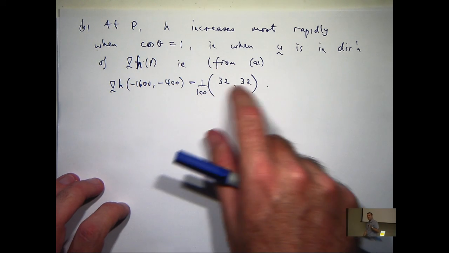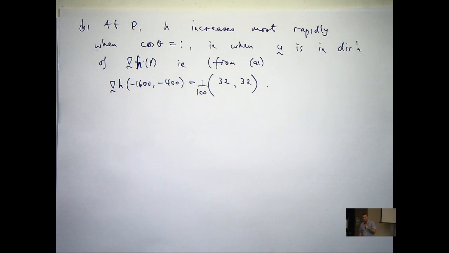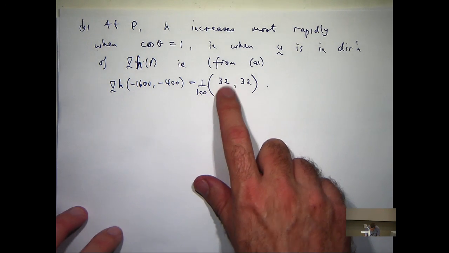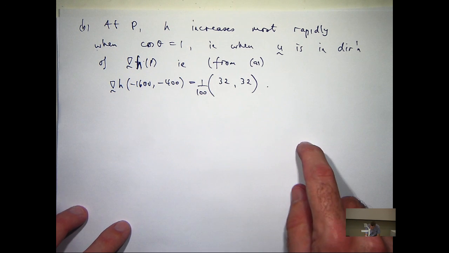So what sort of direction will that vector u be pointing in? Well, for every 1 unit we go towards the east, we have to go up 1 unit, right?